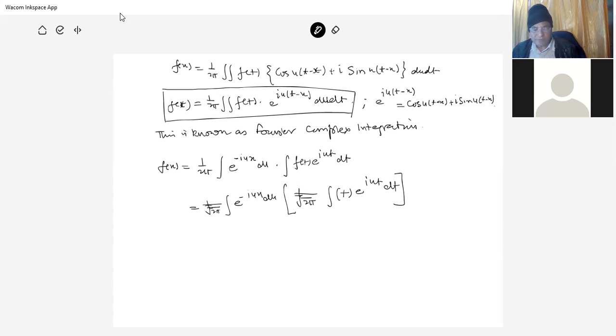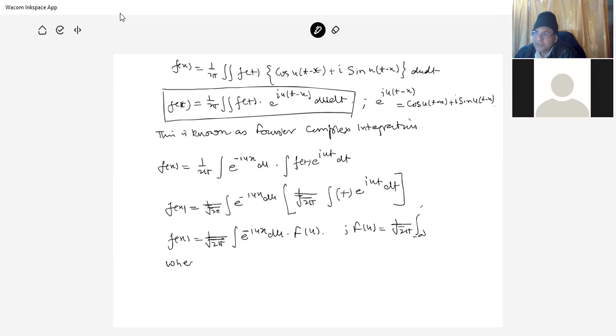So this bracket term can be expressed as F of u, where F of u is equal to 1 by root 2 pi, integral from minus infinity to plus infinity of f of t e^(iut) dt.